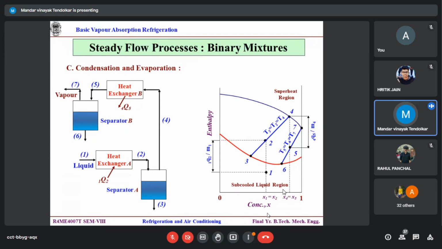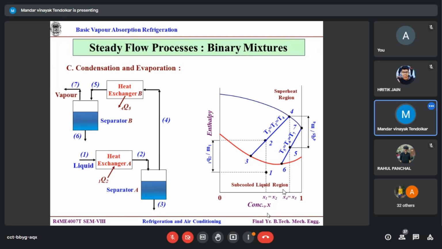Only heat exchanger A is a heat absorbing part, because you want the subcooled liquid to be in the two-phase zone. For all other heat exchangers, we are focusing from the vapor point, as can be seen for state 4. So bring 4 back to 5. You have to reject the heat similarly. If further required, 7 is not at, let's say, x equal to 1.